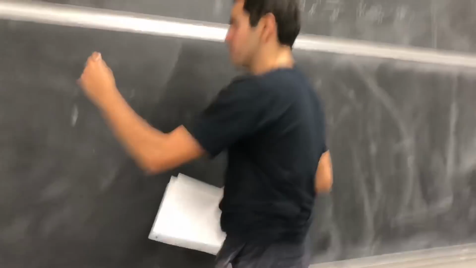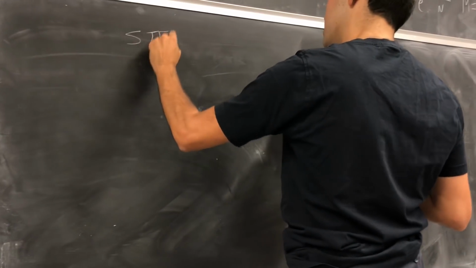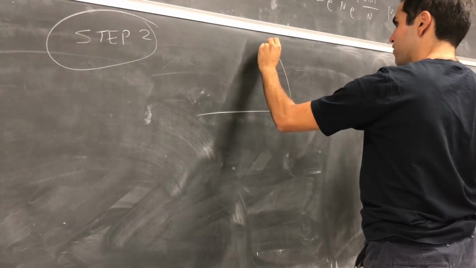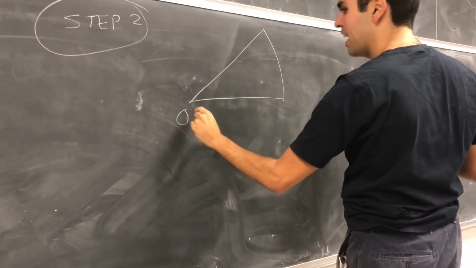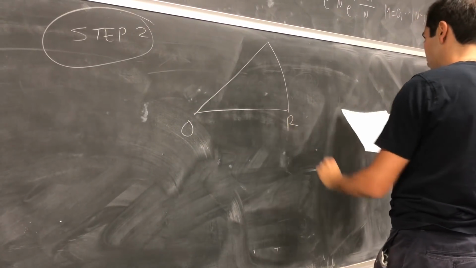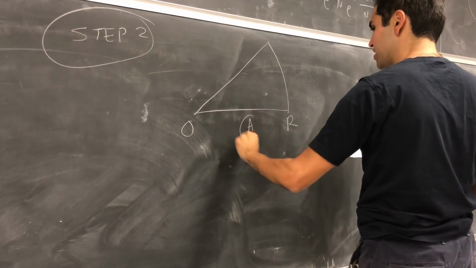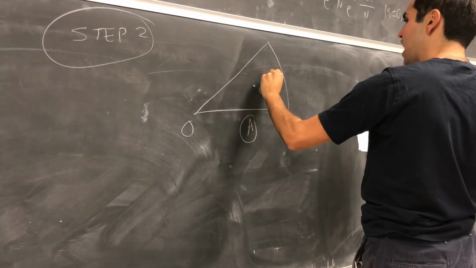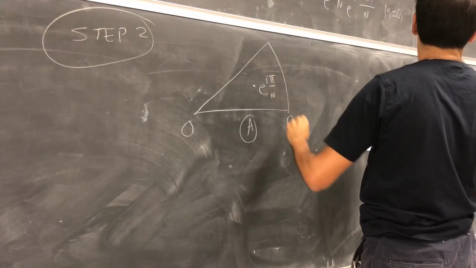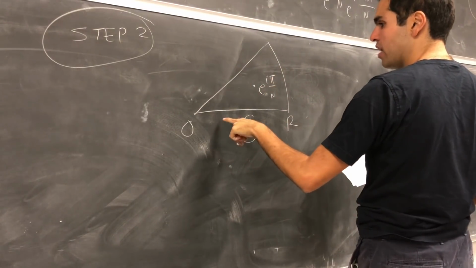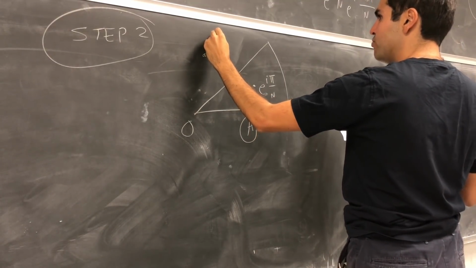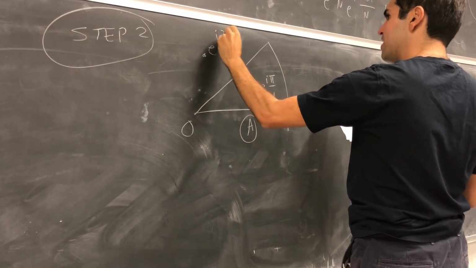So step 2, our contour. On the one hand, we have a path that starts from 0 to r. Let's call this A. We have a singularity e to the i pi over n, and then the other singularity, which is e to the i 3 pi over n.